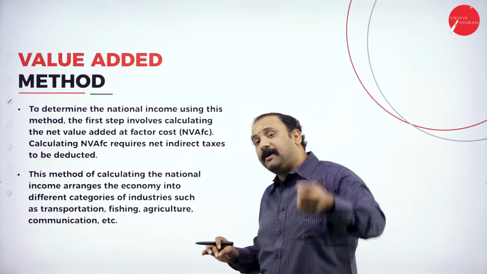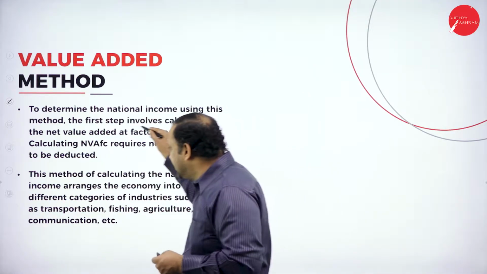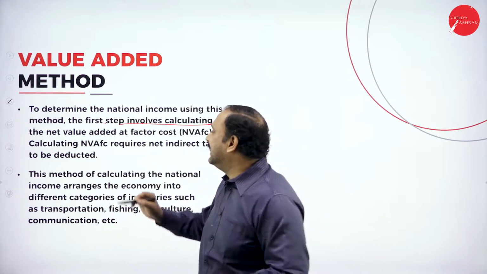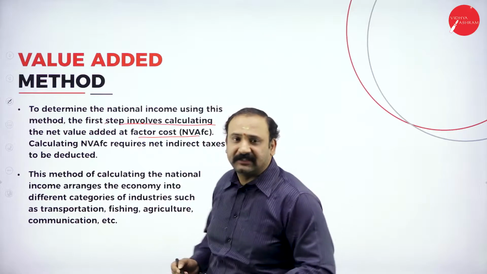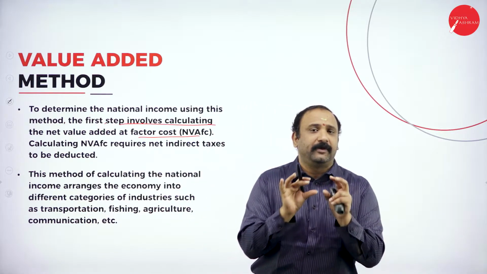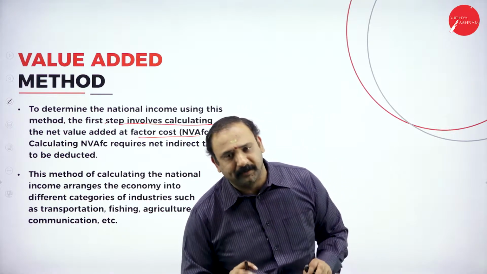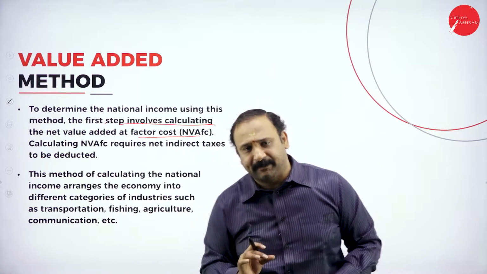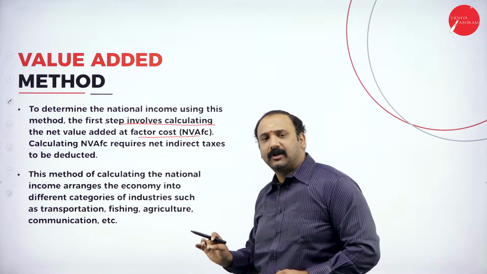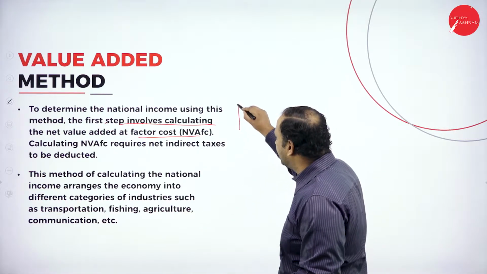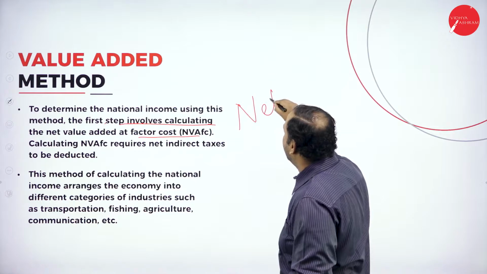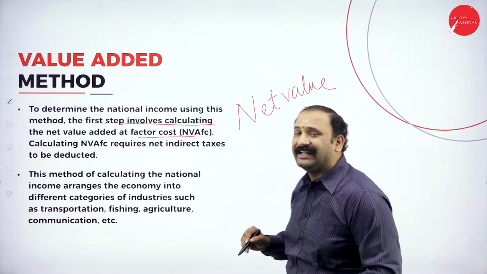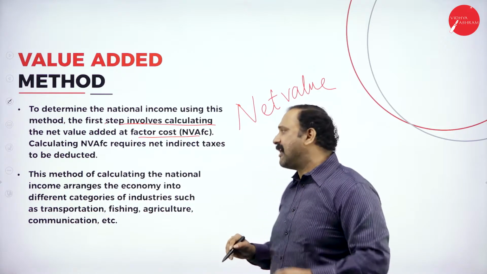Now, to determine the national income using this method, the first step involves calculating the net value added at factor cost. Now, you don't have to worry that we are going to do some mathematical problems here. This is just a theory which you need to understand and appreciate. So the first thing that we are going to look for is the net value added at factor cost.